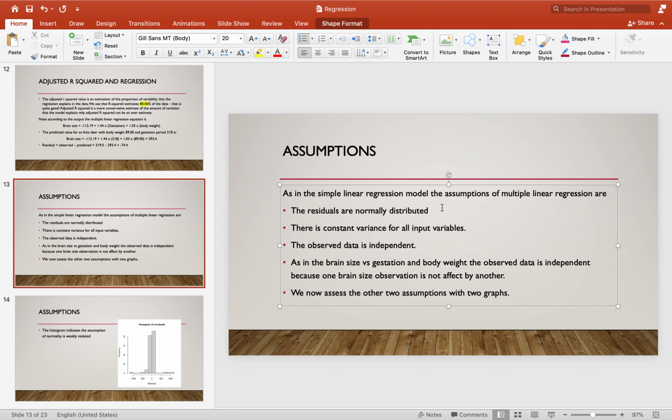I'm okay with either one, and generally by data they mean the y variable, which would be brain weight. There is constant variance for all input variables. The observed data is independent, so one observation doesn't affect the other. That seems reasonable here.